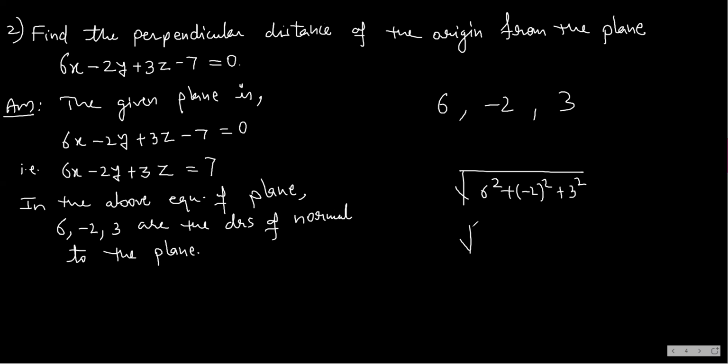That is, you will divide each number by the square root of 36 plus 4 plus 9. That is 49, that is 7.